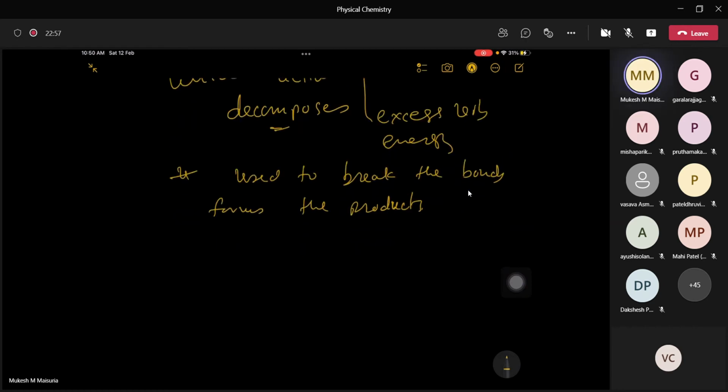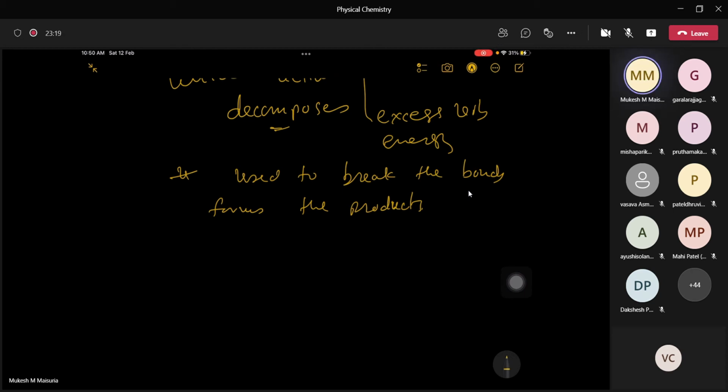So the rate of reaction is related to the frequency of vibration, as well as to the concentration of the activated complex.